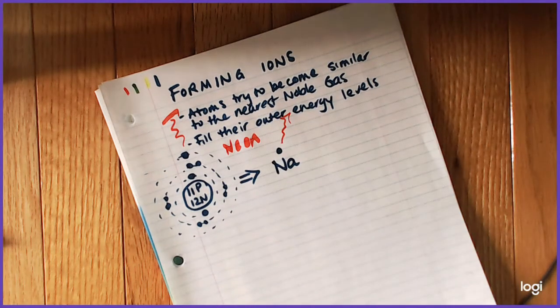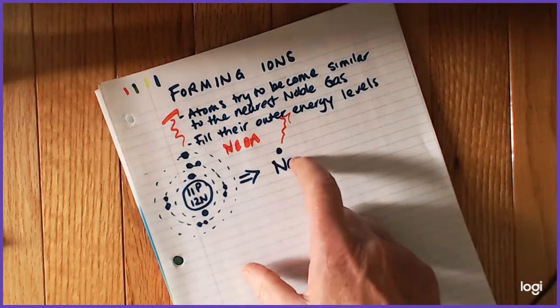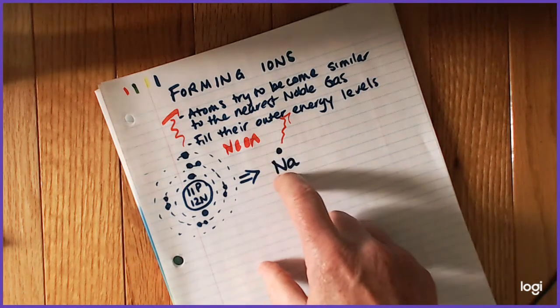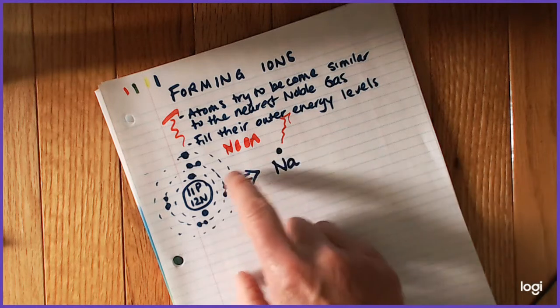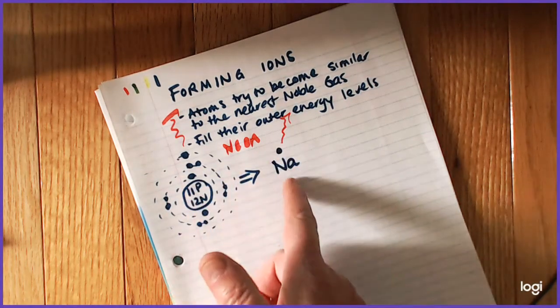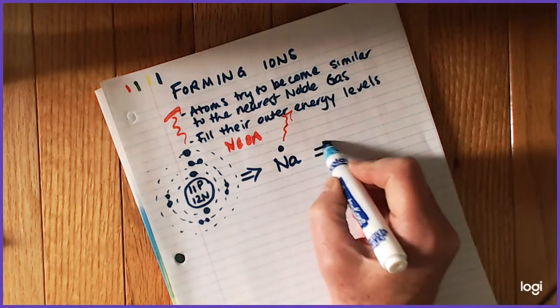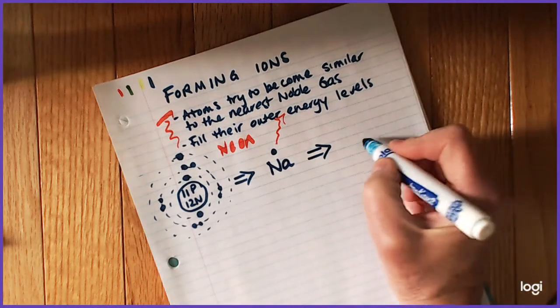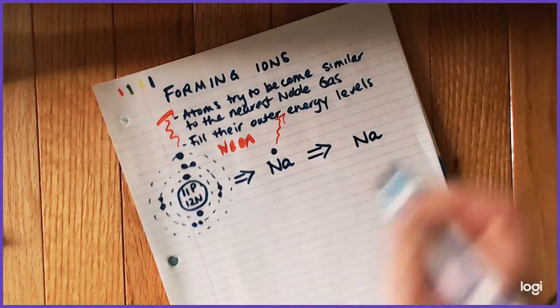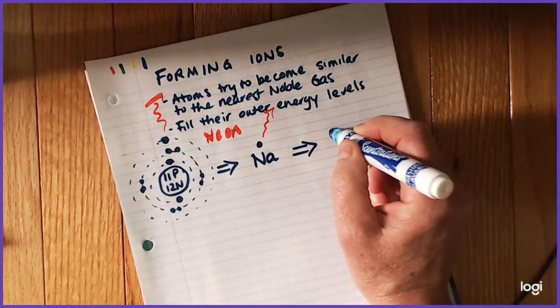It's gone now. Remember, we've shown that this electron is gone, but keep in mind the next energy level is full of electrons, just like we drew before, but we didn't have to draw it in because we know they're there. So now we've got the core of sodium. It's lost an electron from the outside, so it's no longer a regular sodium atom.